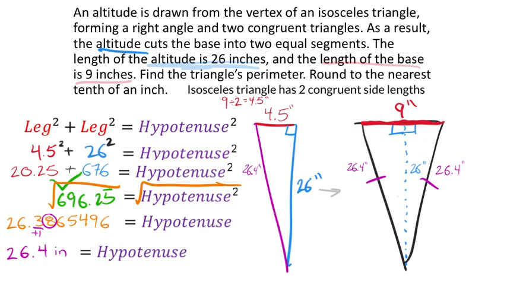So what I have is the side lengths of the whole triangle. We got 26.4, 26.4, and 9. All I must do is take those values and add them together. So I'm going to do that here in the bottom corner. 26.4, that's a decimal, and then another 26.4, and then old 9er.